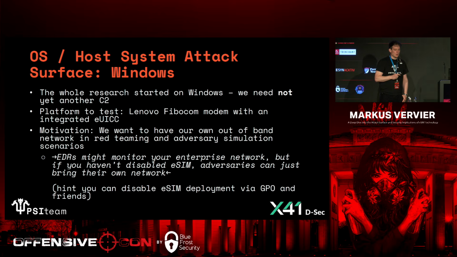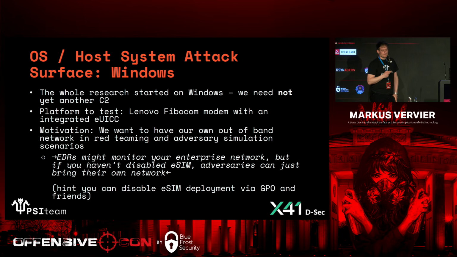There was also this other vast thing, because with all this infrastructure come, of course, new services and new implementations. I discovered that my laptop has a Fibocom modem that has an eSIM. And one of the goals was an out-of-band C2, for example, because EDRs might monitor an enterprise network.